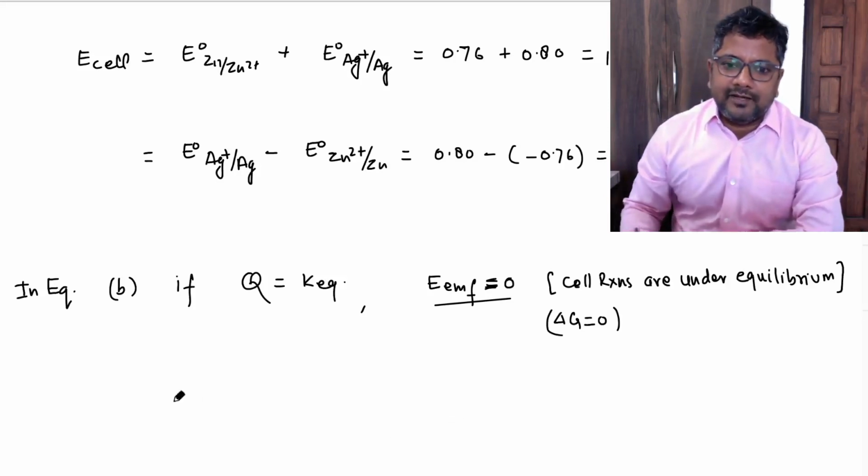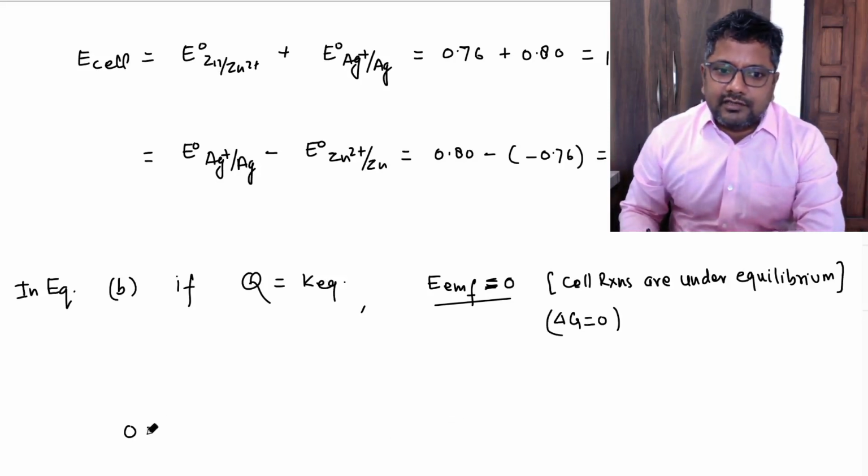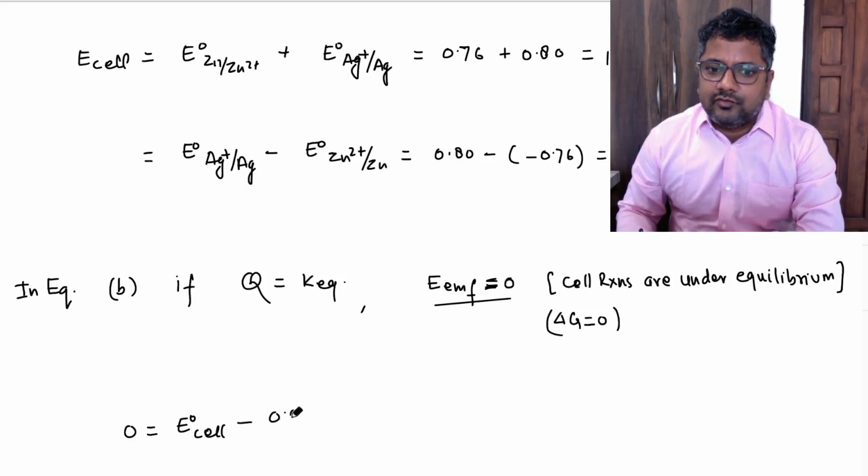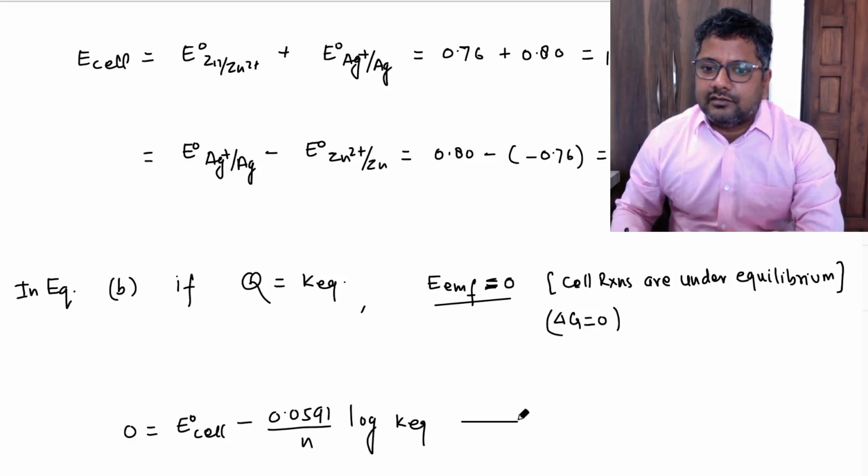So your Nernst equation becomes 0 is equal to E naught cell minus 0.0591 by n log K equilibrium.